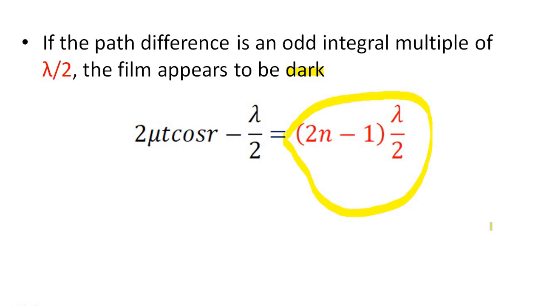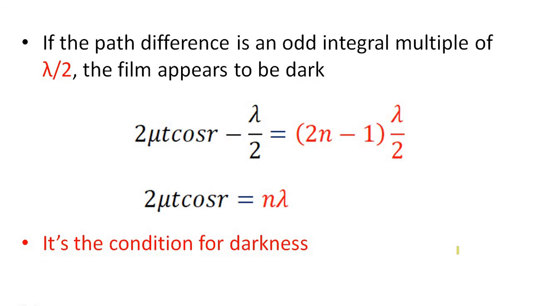So it will be lambda by 2, 3 lambda by 2, 5 lambda by 2, etc., which I already discussed in the previous derivation. Take minus lambda by 2 to the RHS and rearrange the equation. Similar to the previous derivation, you will get 2 mu t cos r equal to n lambda. It is the condition for darkness.